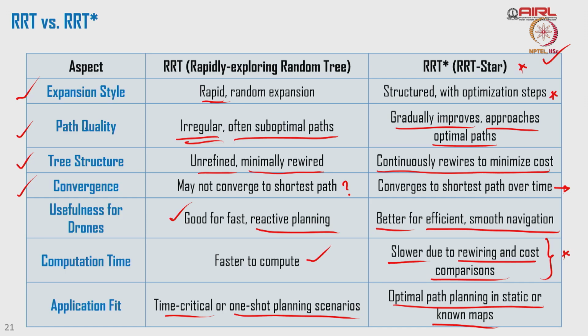So, the next phase of improvement is RRT star, which can give the optimal path by two major steps in its algorithm.